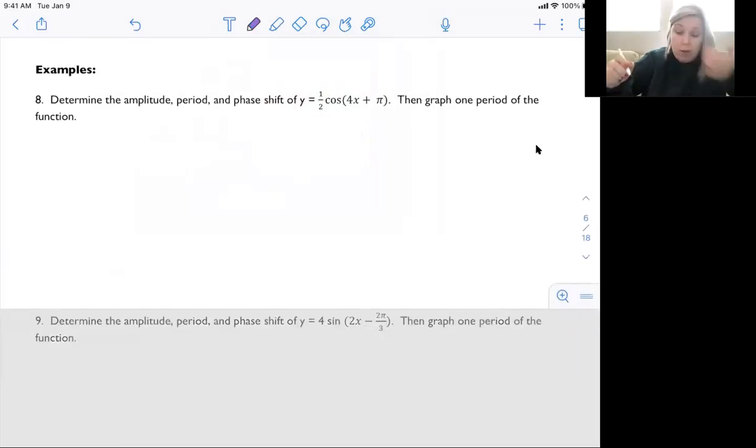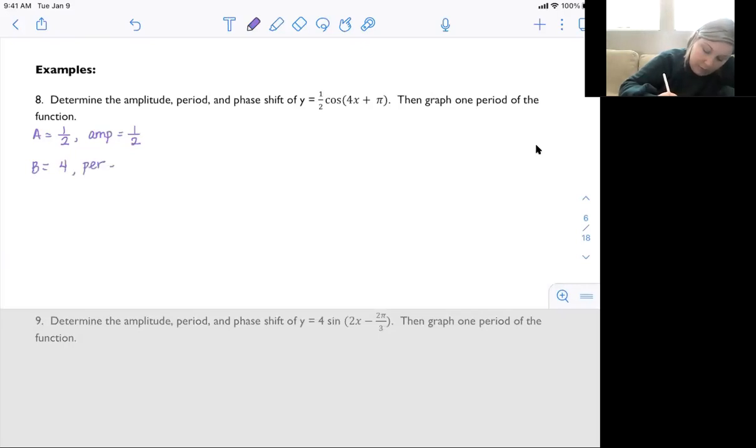So let's start by identifying our values for A, B, and C. We have the graph of y equals 1/2 the cosine of 4x plus pi. So we can see here that A is equal to 1/2. That means the amplitude is equal to 1/2. B is the number in front of the x. That's equal to 4.